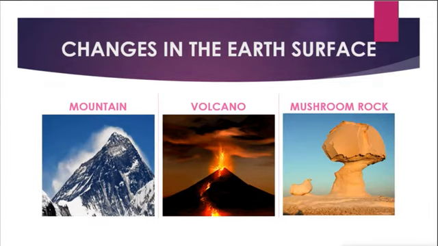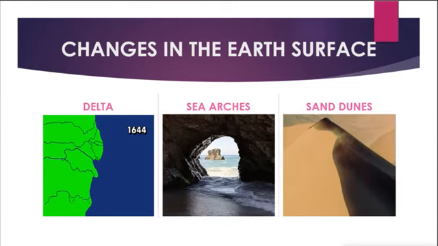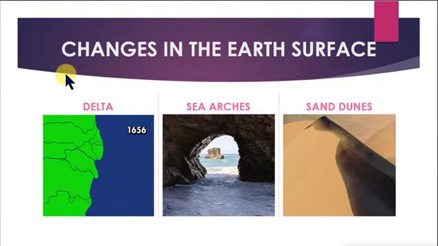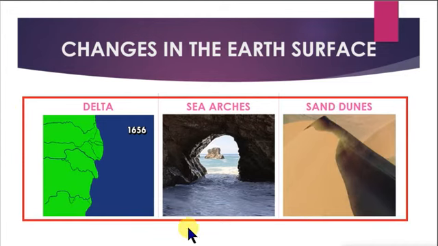How the rivers create or extend their deltas near the sea coast, and how the mountains increase their peaks, and how magma comes out from the earth via volcanoes. All these types of changes we will learn about in this chapter, Our Changing Earth.